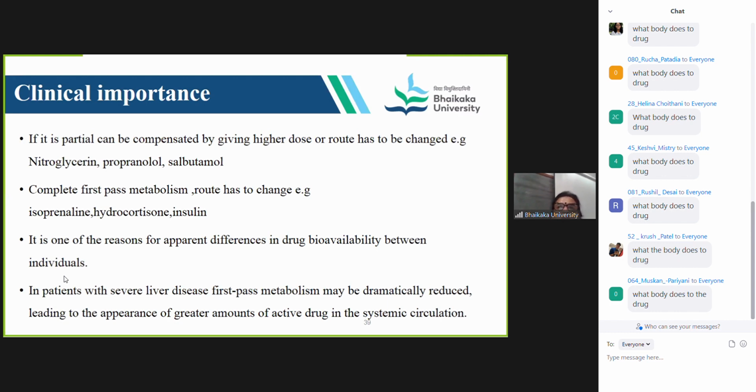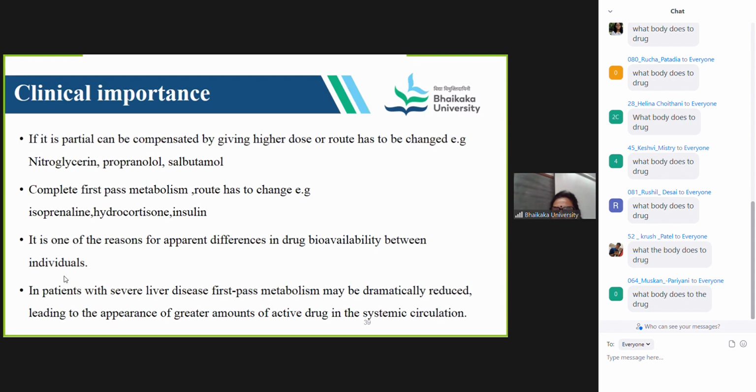They always have to be given via parenteral route, because they follow the complete first pass metabolism process. Okay, so the route is important and the drug characteristics are important for absorption. And that's why you can see that there is an apparent difference in the drug bioavailability.